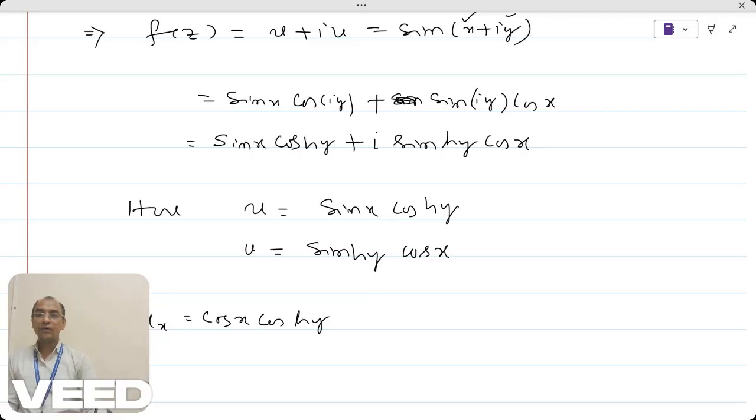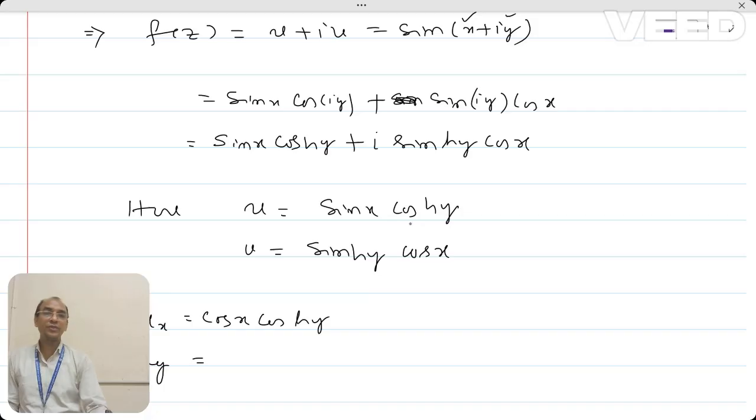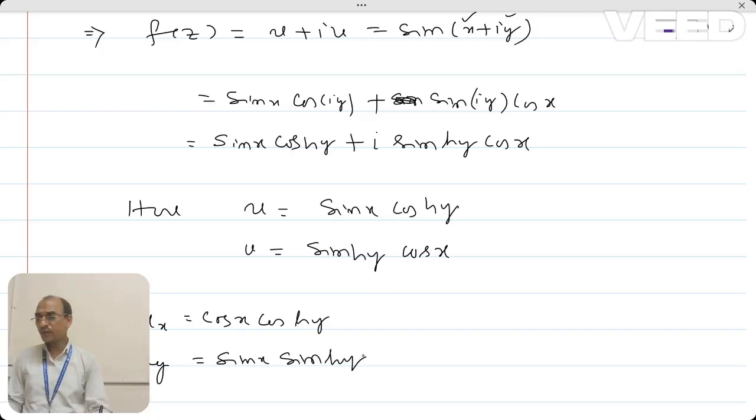Similarly, uy, the derivative of u with respect to y. Remember, whether it is cos or sine, the derivative of a hyperbolic function is always positive. If it were cos y, the derivative of cos y is minus sin y. But here cos hyperbolic y is there, so sin x will be as it is, and that will be sine hyperbolic y.